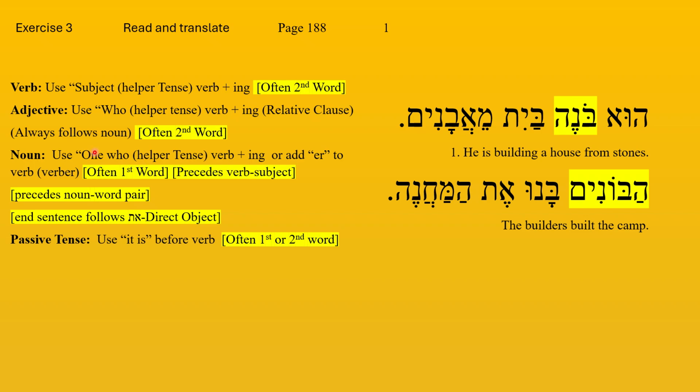If it's the verb, you're going to use the subject is, was, am, are, verbing. So he is building. Okay, that works. So he is building. What is he building? He's building a house from stones.